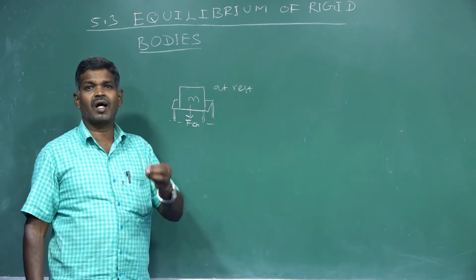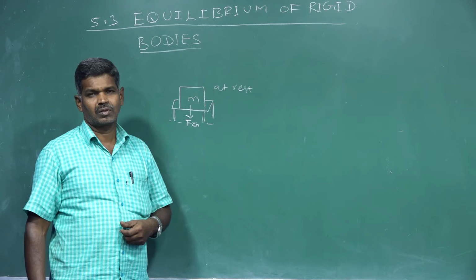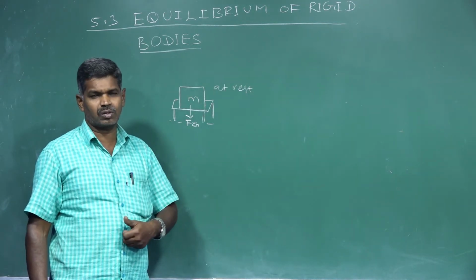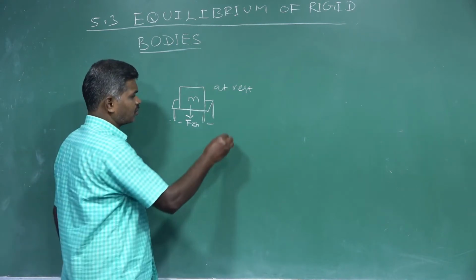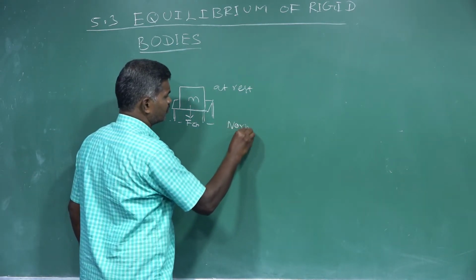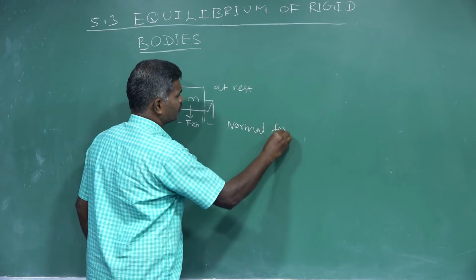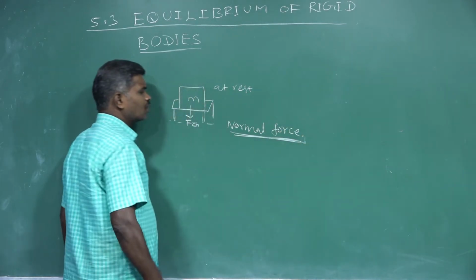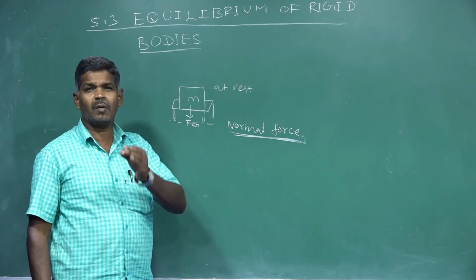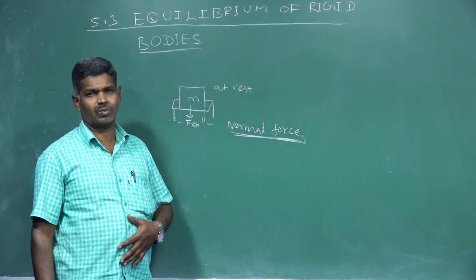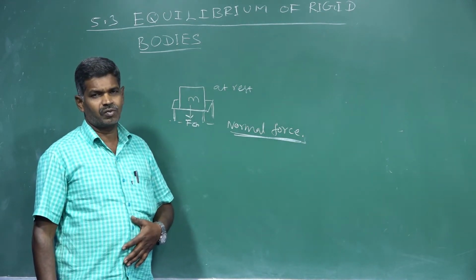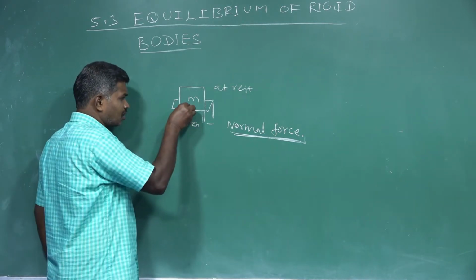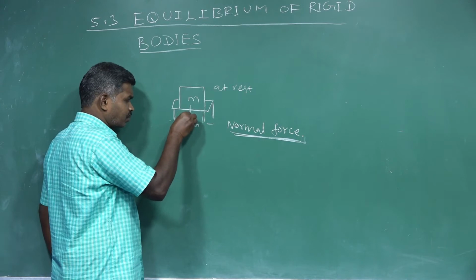There we have another force. What is that other force? Normal force. This normal force acts in the opposite direction to the gravitational force. We take the direction of the gravitational force as downward.